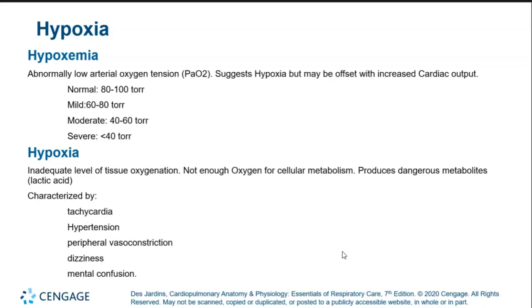If my PaO2 value is low, then based on my knowledge of the oxygen hemoglobin dissociation curve, my saturation of hemoglobin will be low, and my patient is going to try to compensate for this so that it doesn't reduce the total oxygen delivery to the tissues by increasing their cardiac output. So a lot of times you see patients that are hypoxemic, that have that low PaO2, with increased heart rates, increased blood pressures, because the body's going, whoa, wait a second.